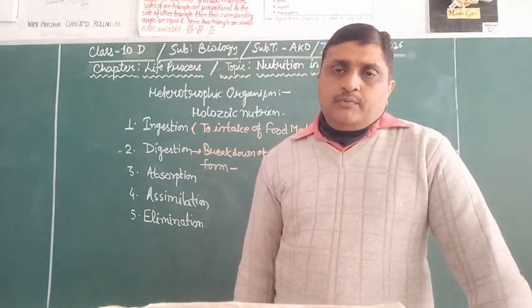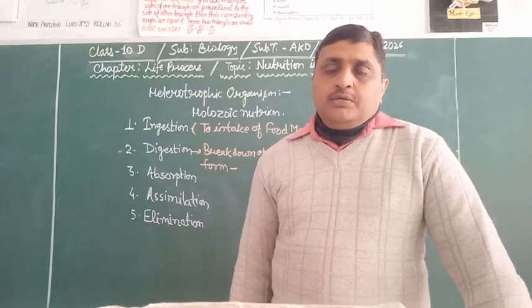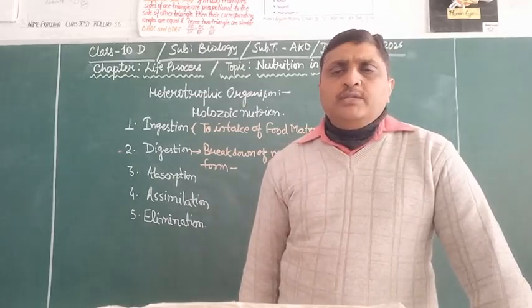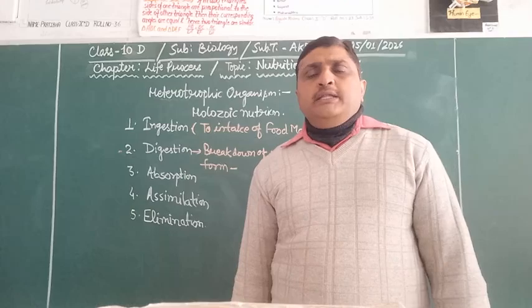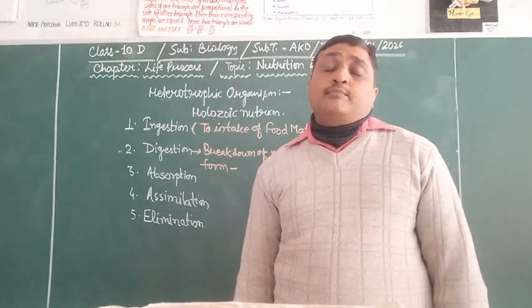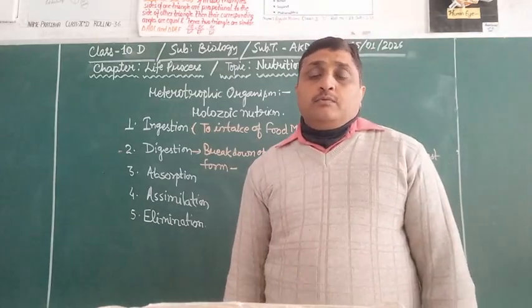So for absorption, the digested food material is transported with the help of blood to the different cells, and in those cells the digested food materials are absorbed. That means there is absorption.